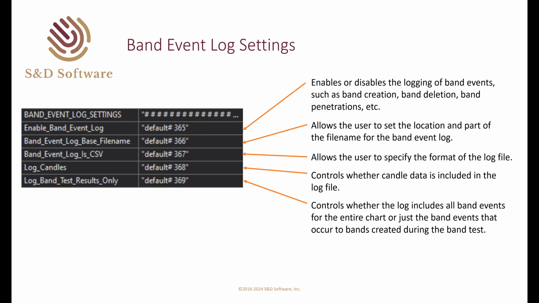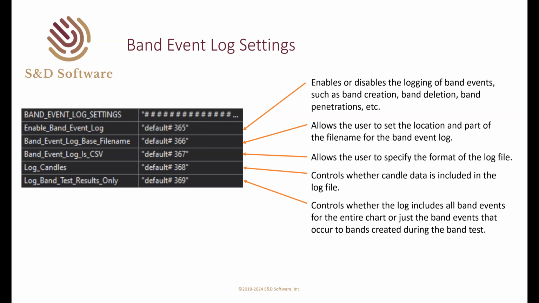And this next one here, band event log is CSV. This allows you to specify the format of the log. The log can either be in a human readable format, in which case you would specify band event log is CSV as false, or you can have the log turned out as a CSV file.